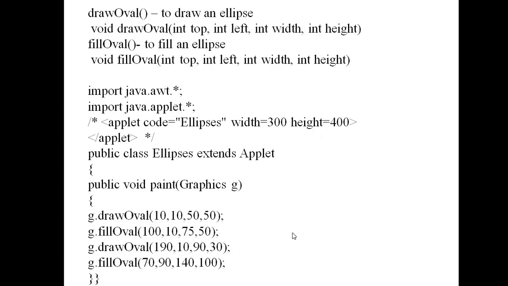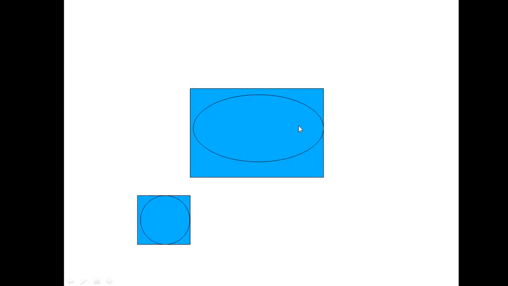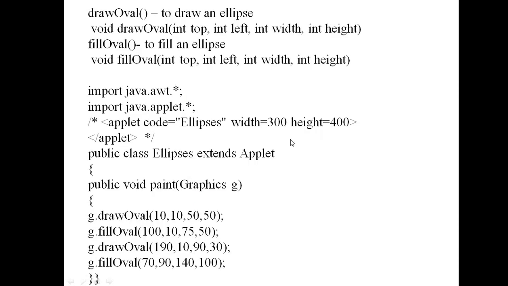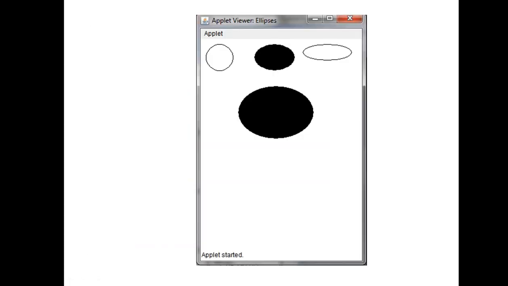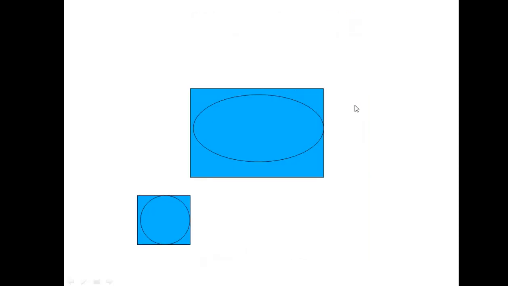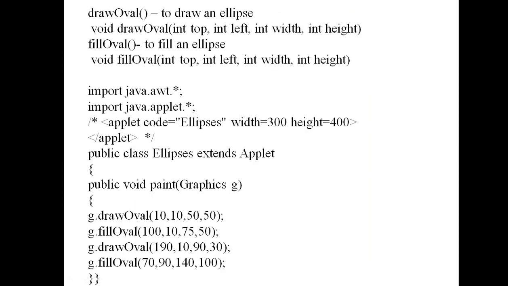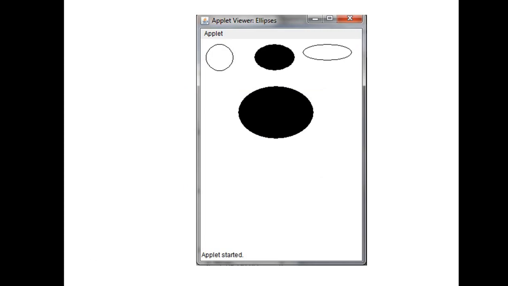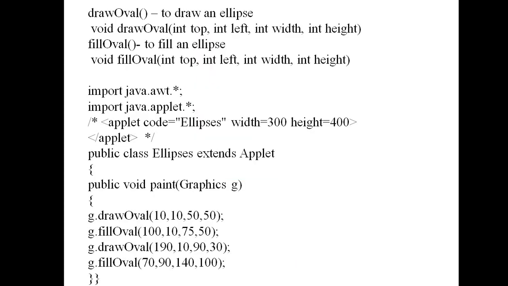We need to specify the width and height values as the same values, then a circle is generated. Otherwise, inside a rectangle an oval is generated. That is this thing. Okay, see four different options or output values of this program.